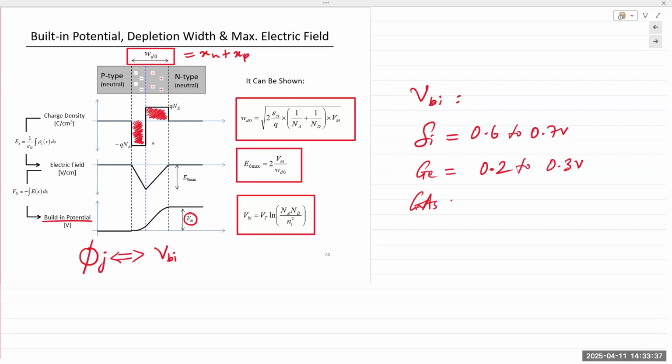For gallium arsenide and other compound semiconductors, it's about 1.1 to 1.5 volts, depending on what dopant impurity we use and what doping profile we use. Okay, but it's a material property. If you create a normal regular silicon diode, it's always between 0.6 to 0.7 volts. All right, so the equations for all three are standard, and I will break it down in the example on the next page.